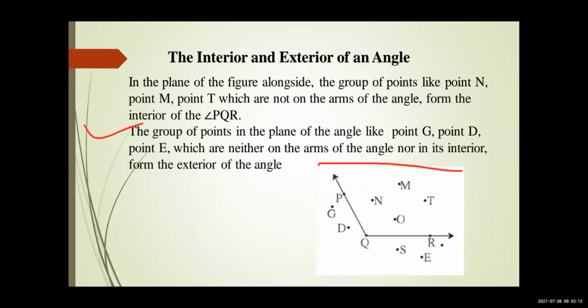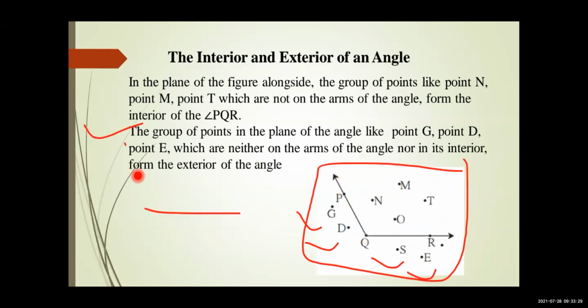Now second, the group of points in the plane of the angle, like point G, point D, point S, point E, which are neither on the arms nor inside, they are outside the angle.